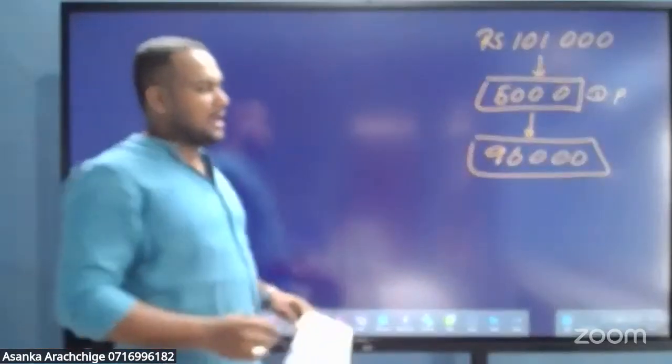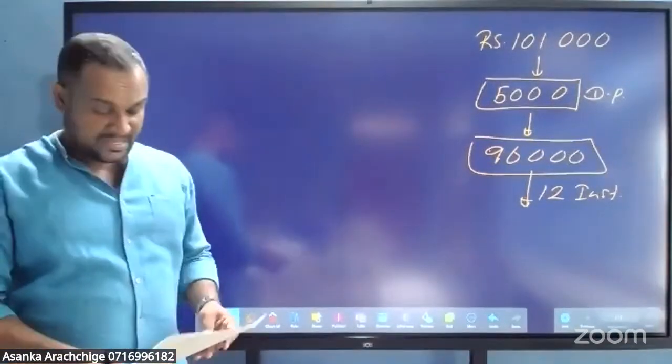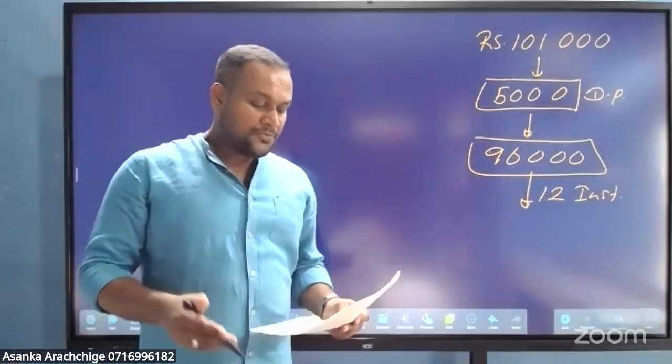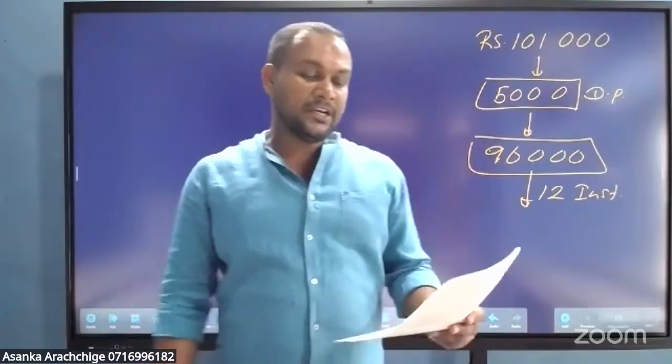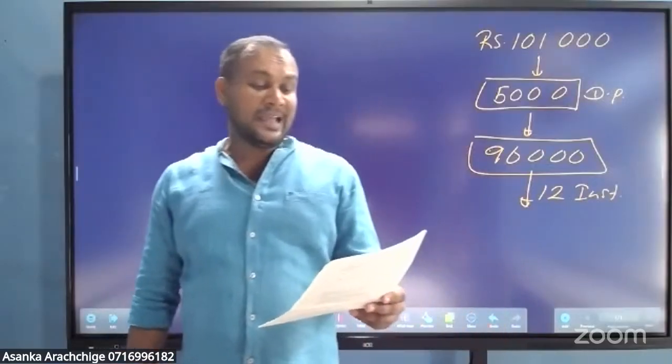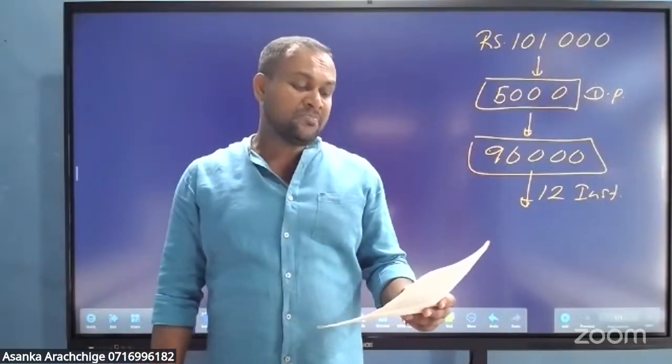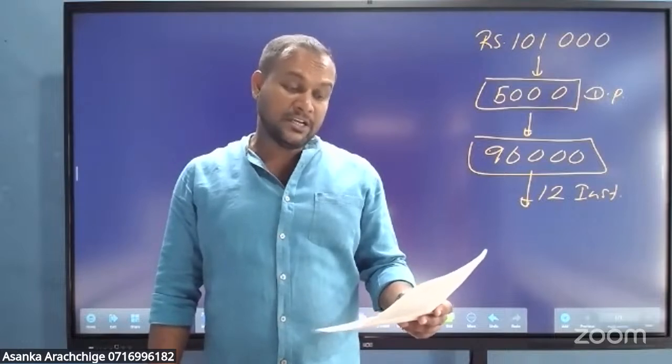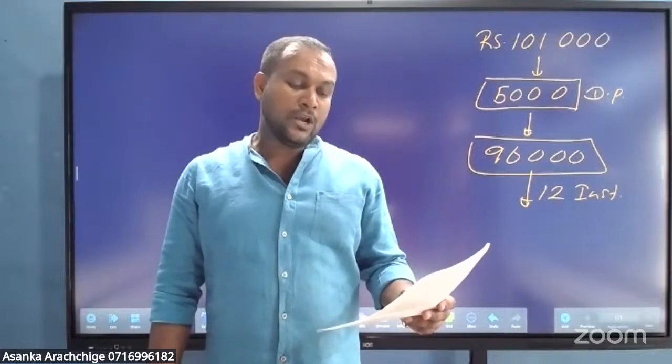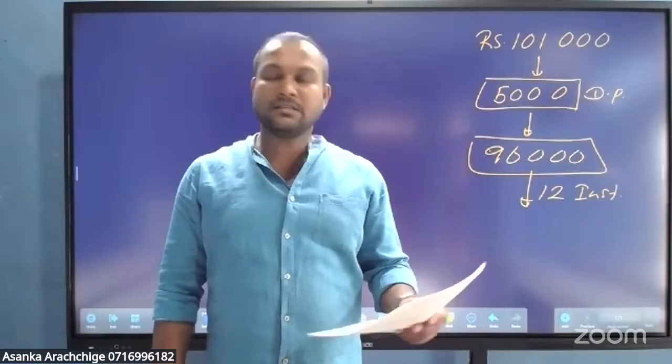So this 96,000 rupees should be paid in 12 equal monthly installments, 12 months with interest. If the interest for this method of payment is calculated according to the reducing balance method, calculate the annual rate of interest that is charged.